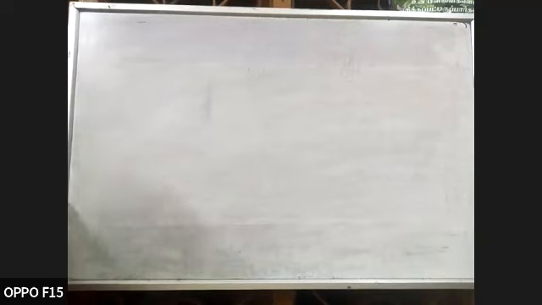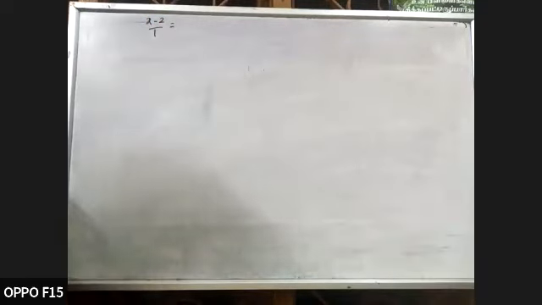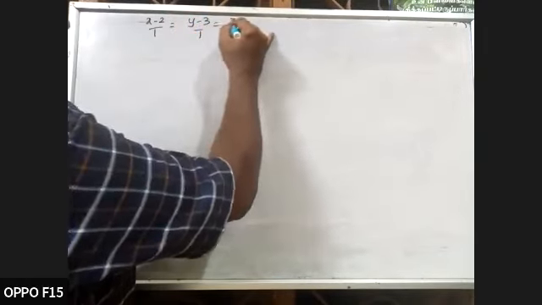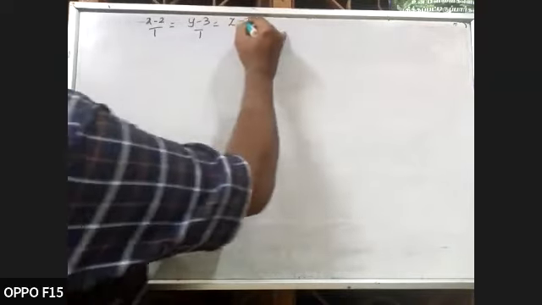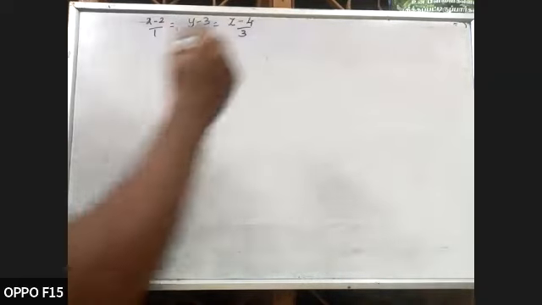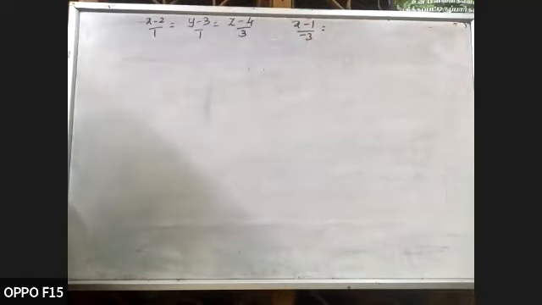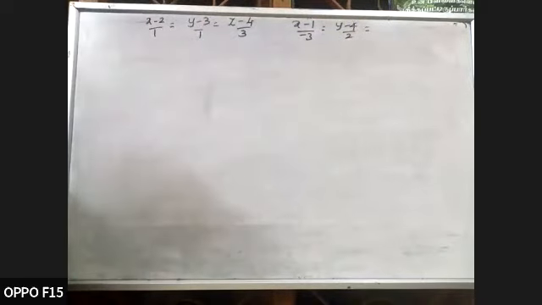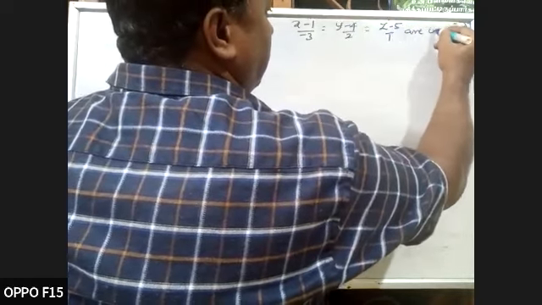Show that the straight lines in Cartesian form, x minus 2 divided by 1 is equal to y minus 3 divided by 1 is equal to z minus 4 divided by 3, and x minus 1 divided by minus 3 is equal to y minus 4 divided by 2, which is equal to z minus 5 by 1, are coplanar.